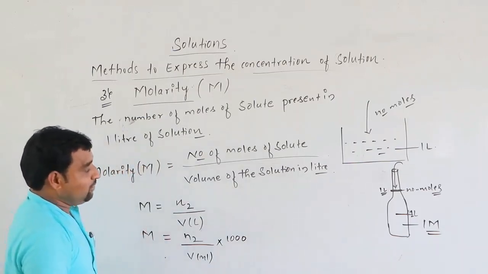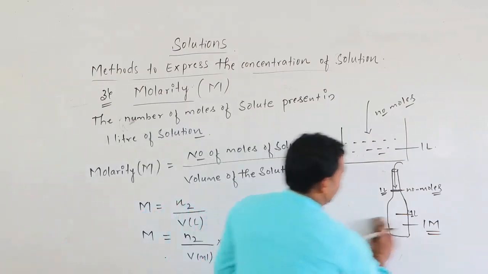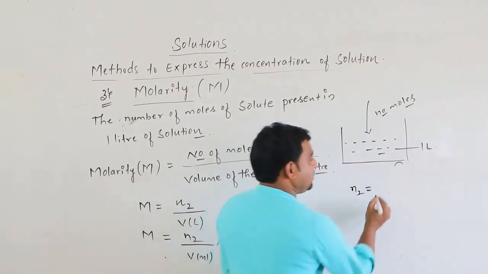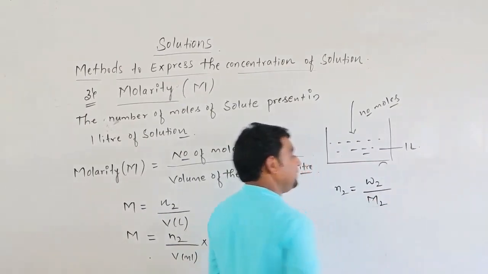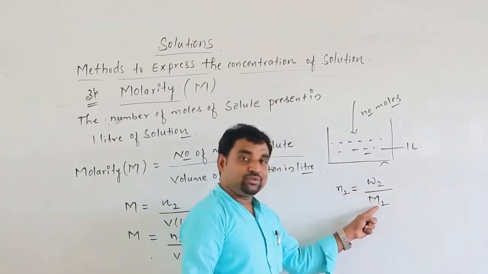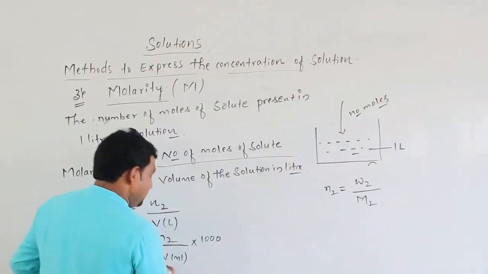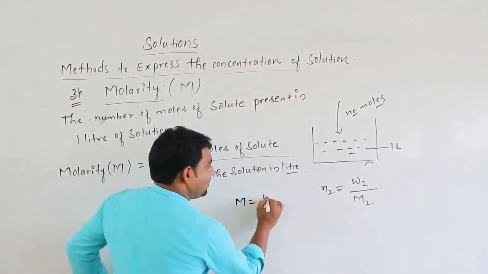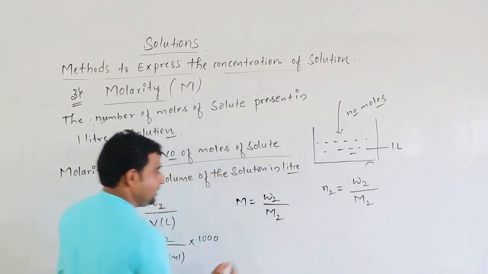How to calculate N2, the number of moles of solute? N2 is equal to the weight of solute divided by the molar mass of solute.